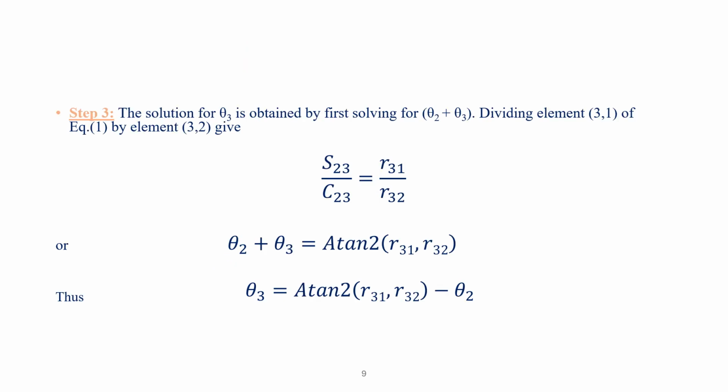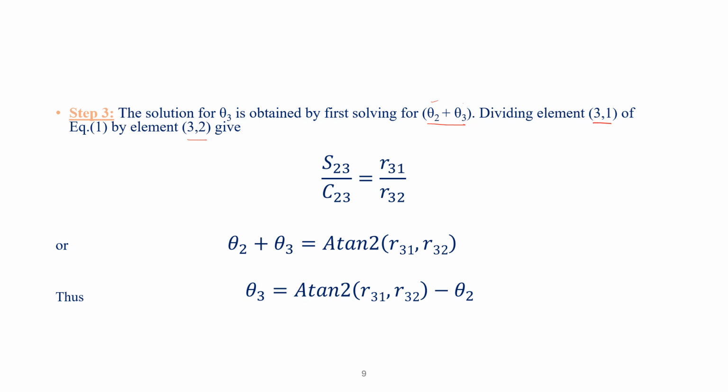Now the remaining is that you need to get the third angle. So how do you get it? First you find theta 2 plus theta 3, and if you know theta 2 you can easily get theta 3 from that. After doing the inverse transform, if you divide the element 3 comma 1 and 3 comma 2, you will be getting S23 by C23 is equal to R31 by R32.